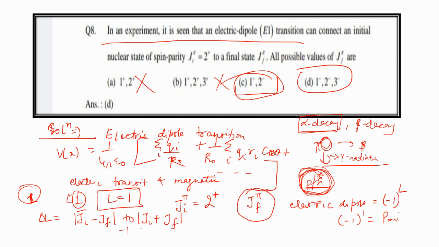So this will be like minus 1 to 1, because delta L is 1, minus 1 to 1. So minus 1, 0 and 1 will be three values. Now if you see here, when you subtract 2 minus 1, you will get 1. When you subtract 2 minus 2, you will get 0. When you subtract 2 minus 3, you will get minus 1. So that means D is the answer.